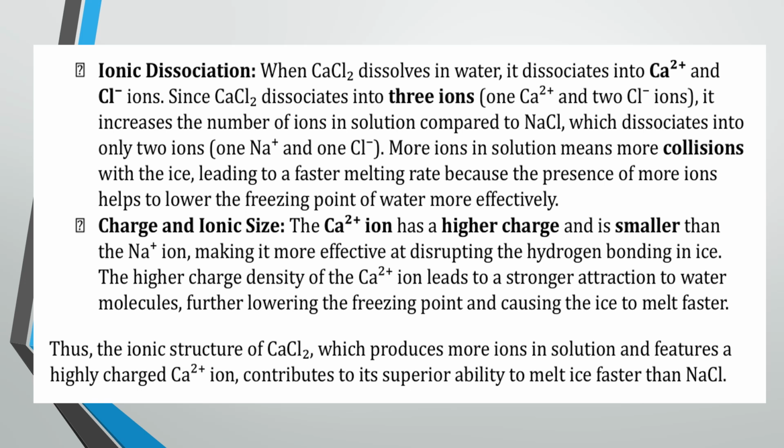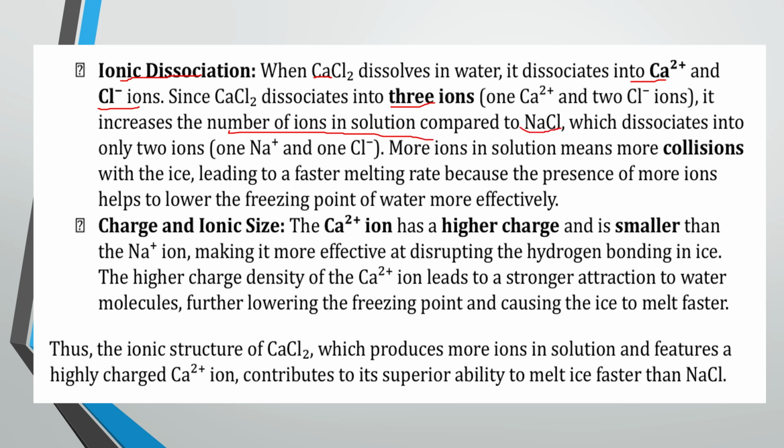So proceeding, let's look at the ionic dissociation. When you look at calcium chloride, like I've just explained, it's going to dissolve in water, giving calcium ions and 2 ions of chloride. Since it gives 3 ions, it's going to increase the number of ions present in the solution as compared to sodium chloride.